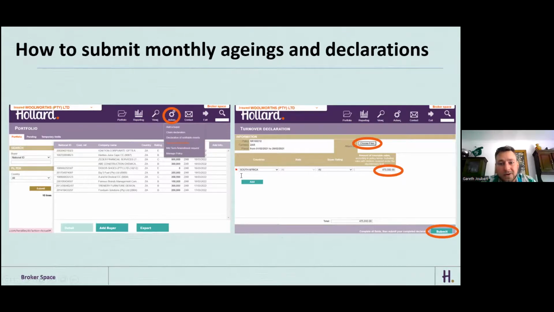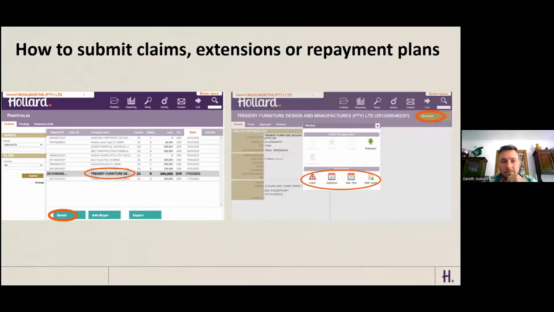If there are different countries, you've got an export policy, you'd have different declarations for each country, but mostly it would be South Africa on all of your buyers. And let's say the sales for that month was 475,000, then you'd click submit at the bottom here, and then we would receive that 475,000. We'd then multiply that by the rate, and that would be the invoice that you'd get.